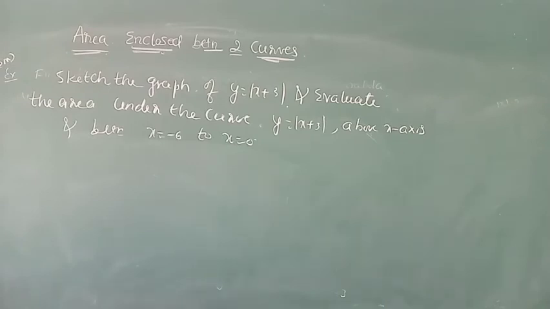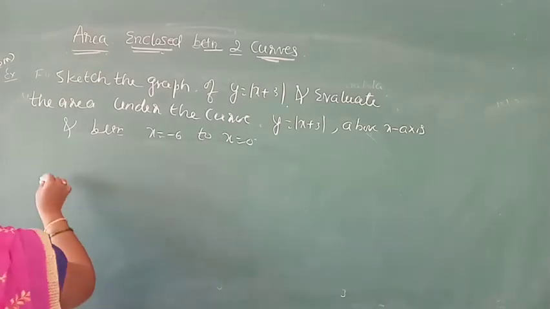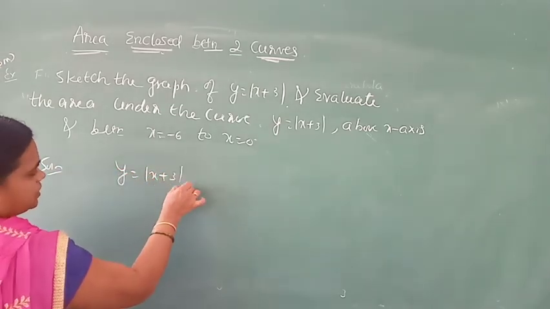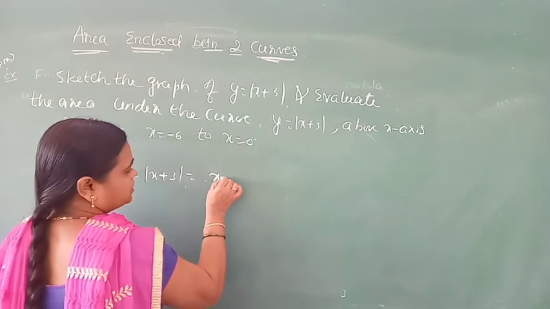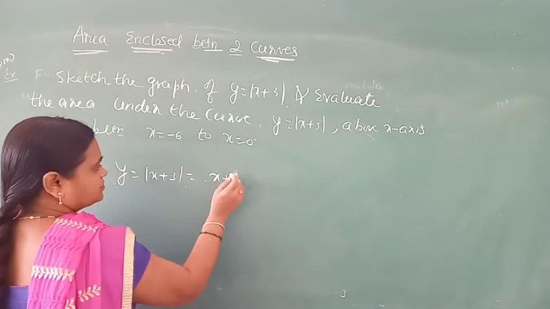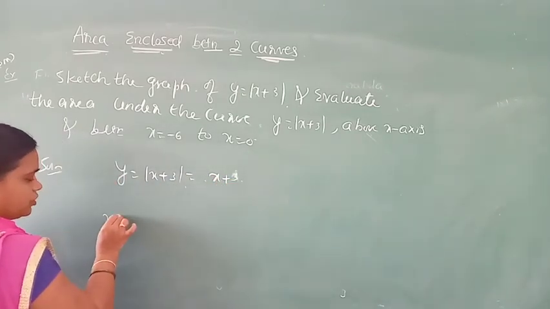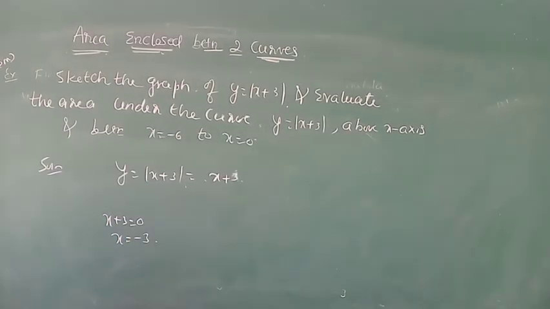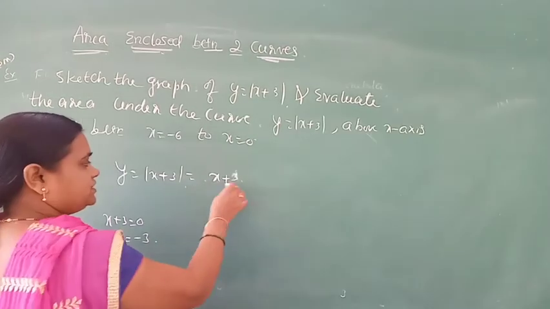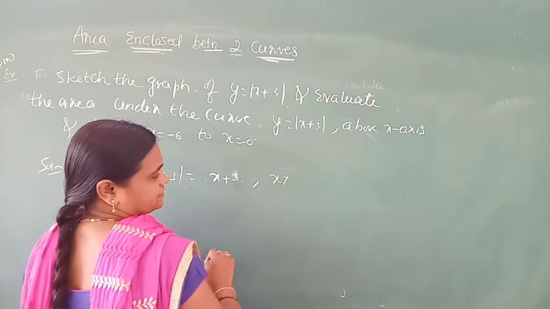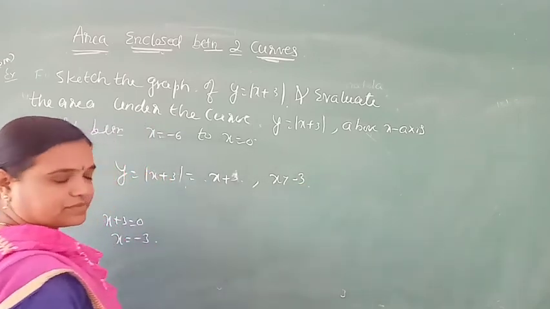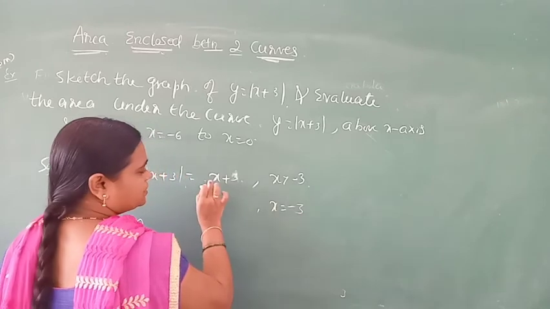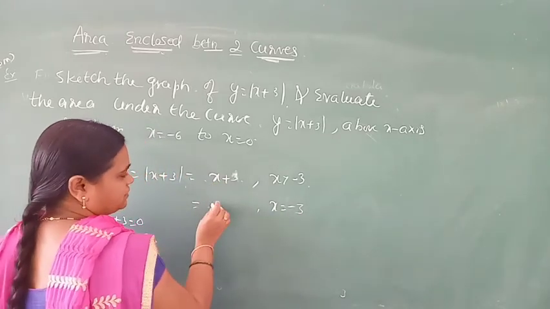This is the given example, and we know the solution: y equal to modulus of x plus 3, and this can be written with the condition on x plus 3. See, we are taking the point x plus 3 equal to 0, means we are analyzing everything at x equal to minus 3. Means x plus 3 is positive if x is greater than minus 3. If we substitute x is minus 3, minus 3 plus 3, what we get is 0.